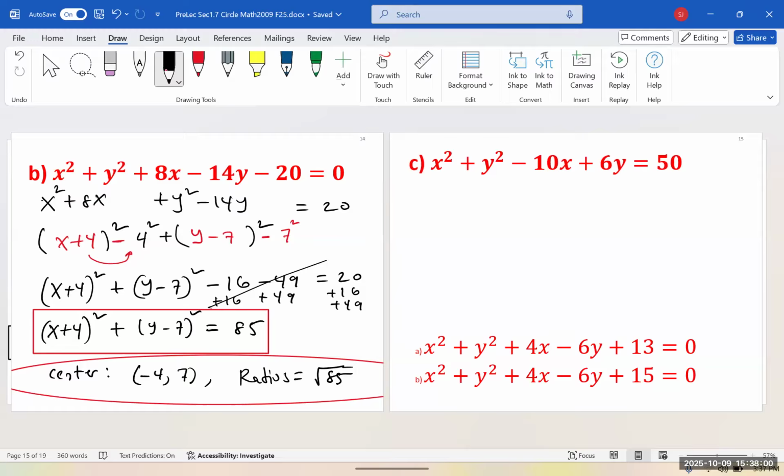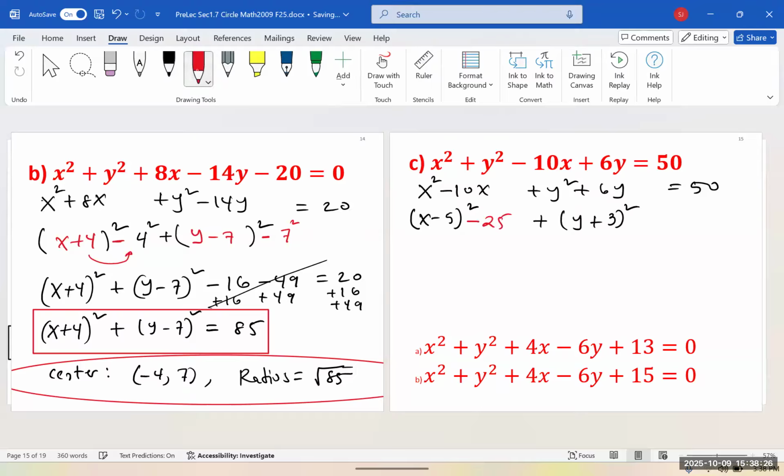Yep. Okay. So x squared minus 10x, y squared plus 6y equals 50. So x minus 5 squared plus y plus 3 squared, minus 25, so subtracting 25, minus 9, equals 50.